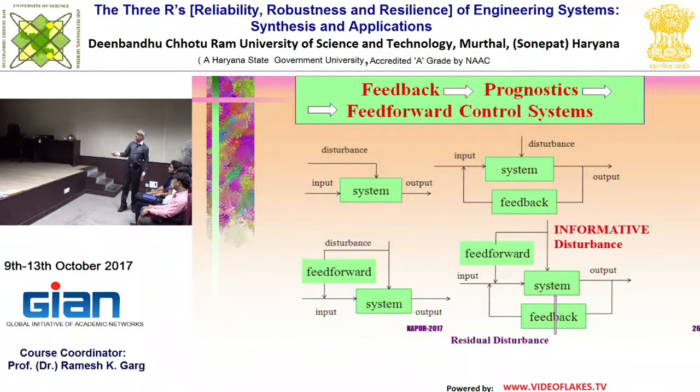Most of the research in engineering and science is based on feedback. Very little research is being done on feed forward. If you go for a PhD thesis and somebody says, oh, I want to do feed forward control, there won't be many papers, so you can do wonderful work applying this concept of feed forward.